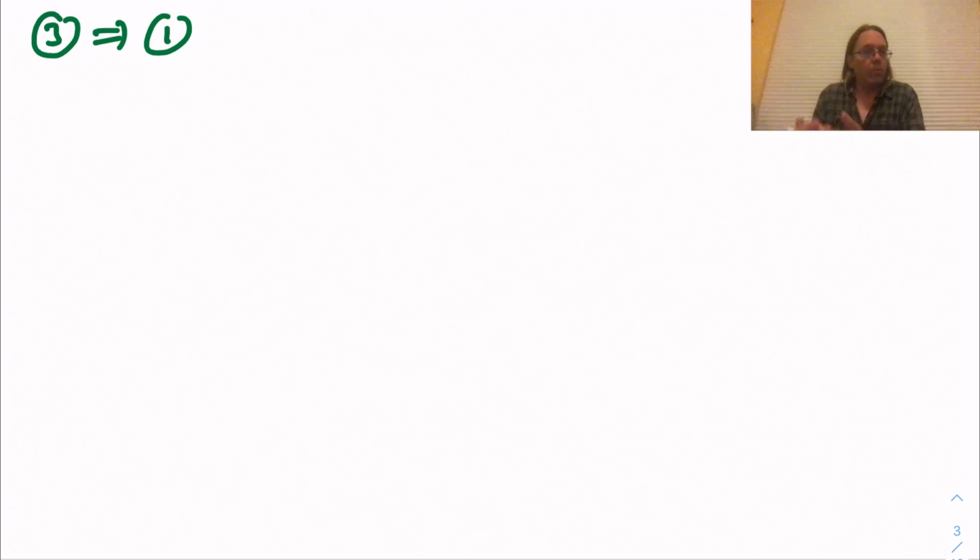Well, what if you only knew this was true for connected graphs and I handed you a graph that was disconnected? It's got a component here and a component here. Well, this component does not have a closed walk of odd length, therefore it's bipartite, and that means it has a bipartition. Similarly, this component is going to have a bipartition, and you can just put those two bipartitions together and you get a bipartition of the big graph.